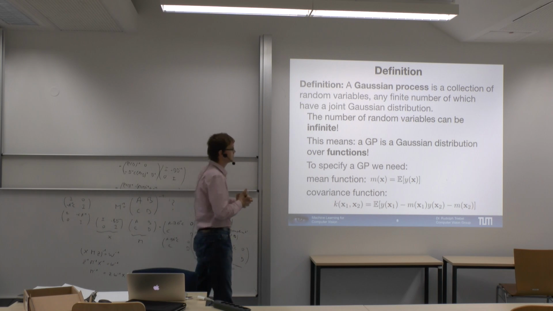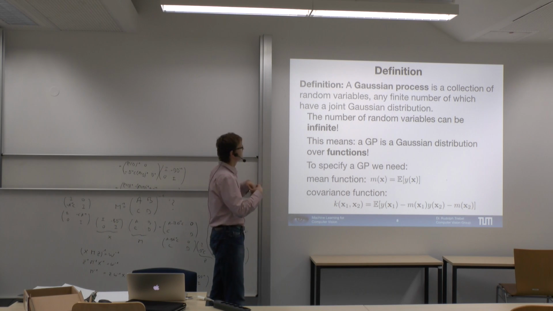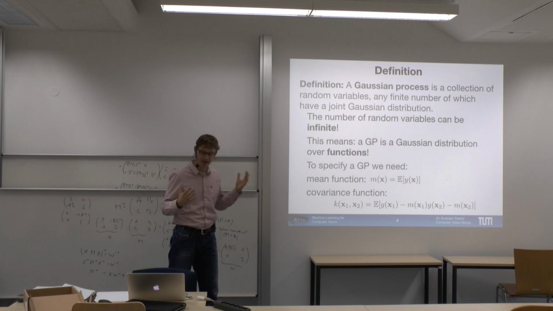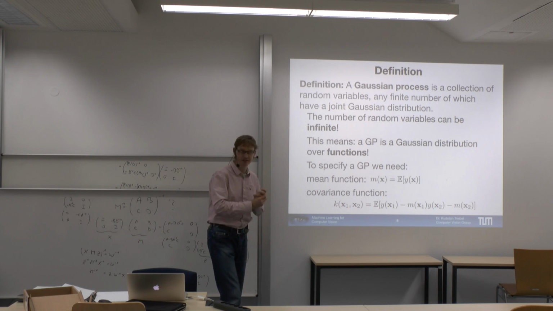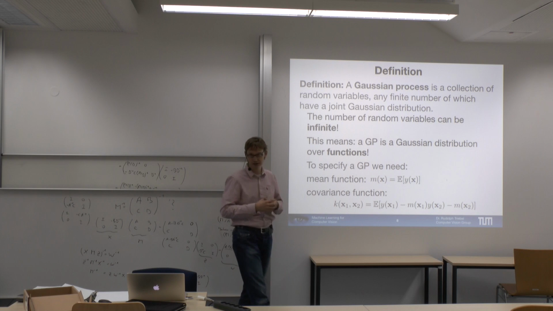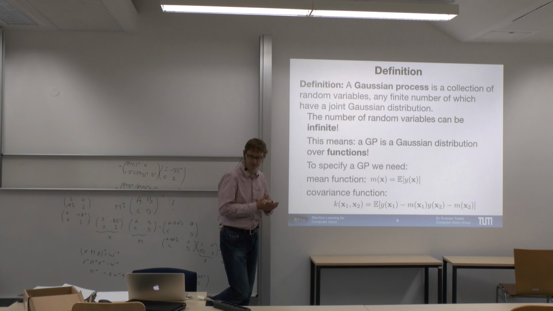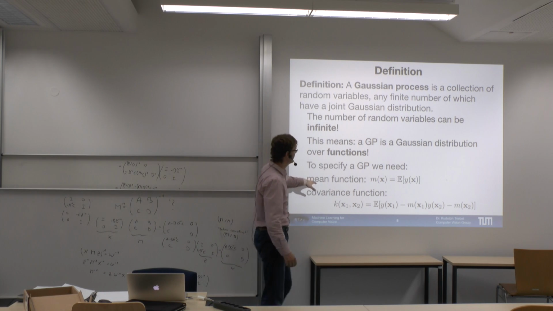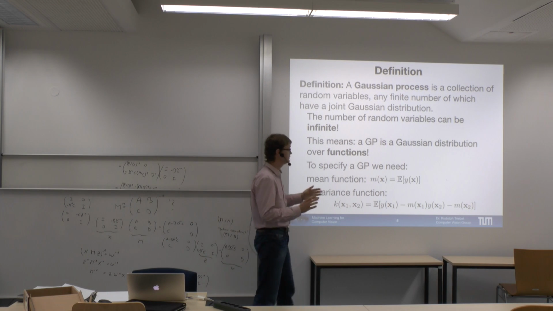The whole idea, or what this means, is that a GP is essentially a distribution over functions. Why is that? Because we are talking about things that are infinite. Instead of a vector of finite length, we now have mu vectors and sigma variances of infinite size, and we can interpret this as a function. Usually we have a normal vector of finite length. Now we have a vector that could have infinite length, and this can be interpreted as a function.